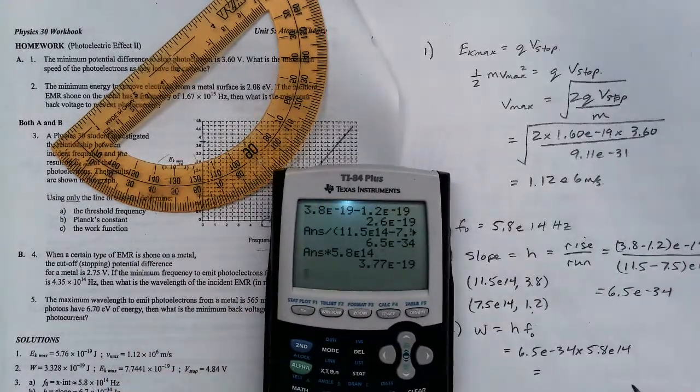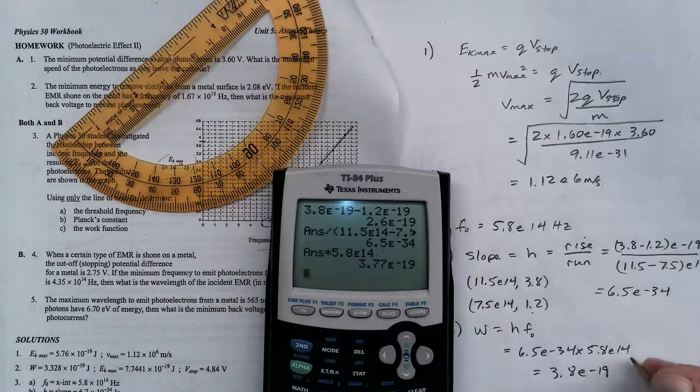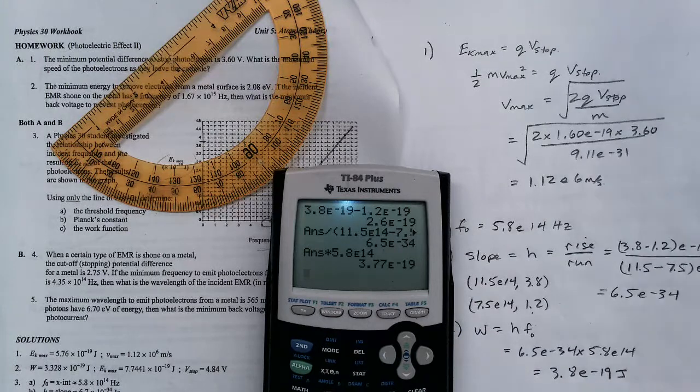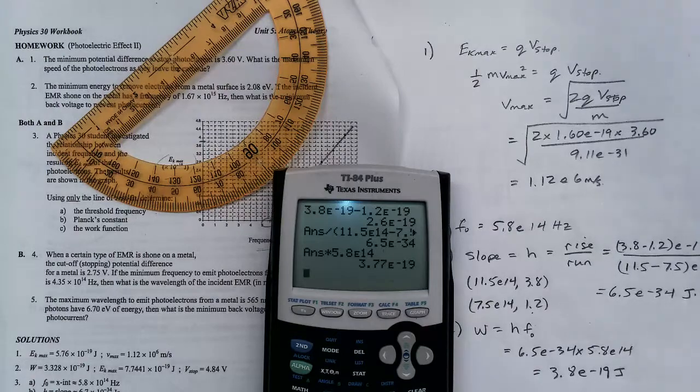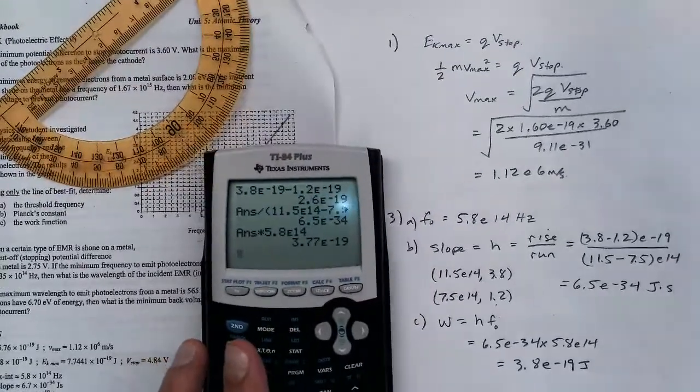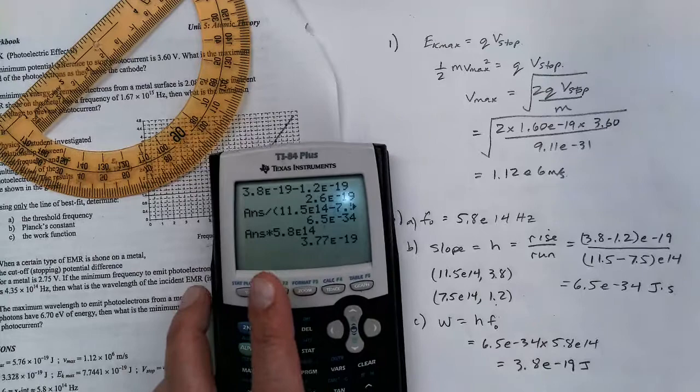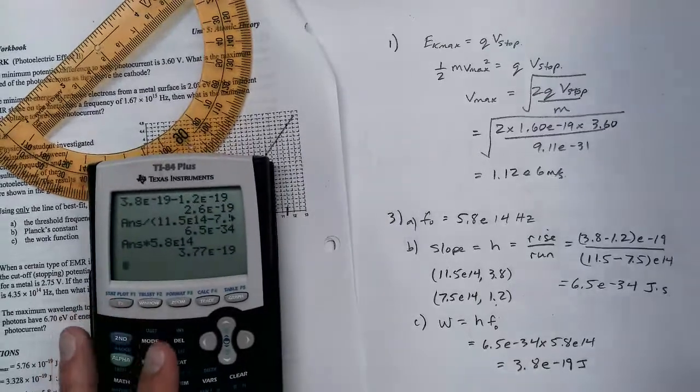And I get about 3.8 E negative 19. This would be in joules. I should actually put this in joule seconds. I didn't put my units there for that one. Sorry about that. Okay, that does a couple of questions in this section.